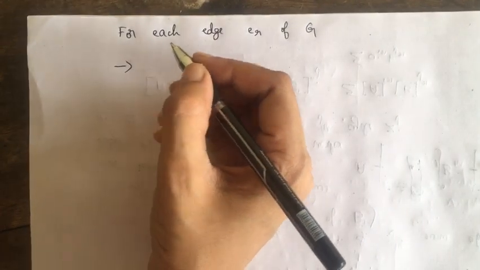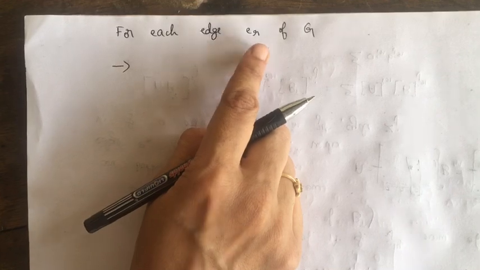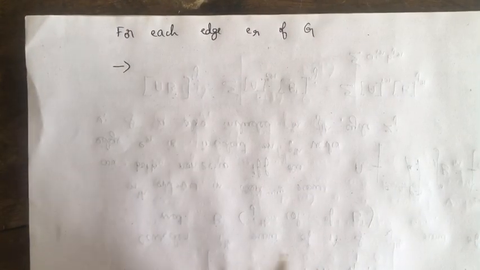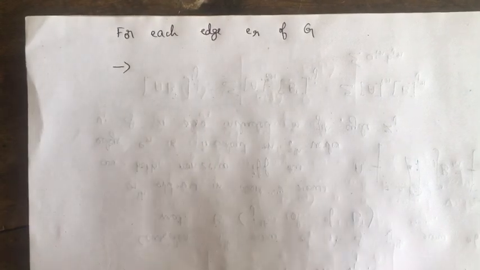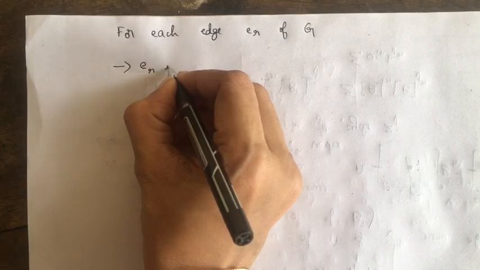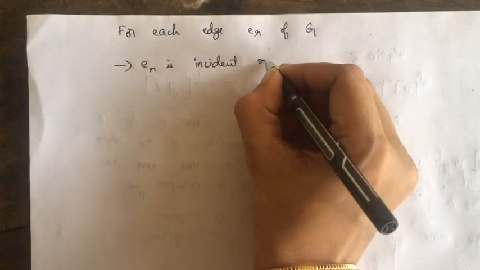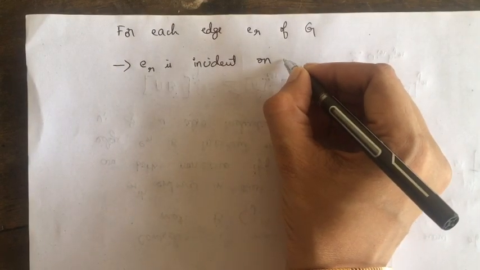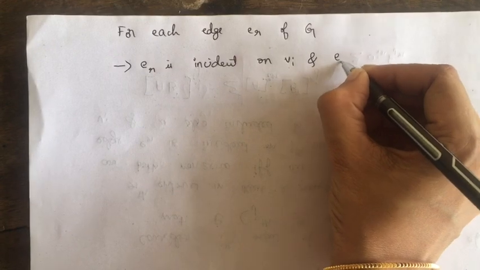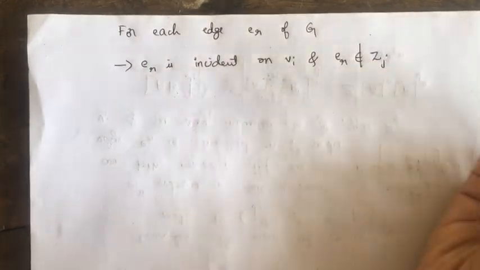First case: ER is incident on the ith vertex, that is Vi, and this edge ER does not belong to the jth cycle.